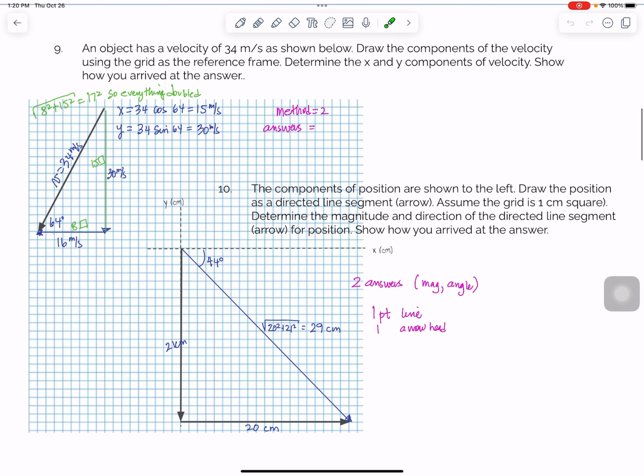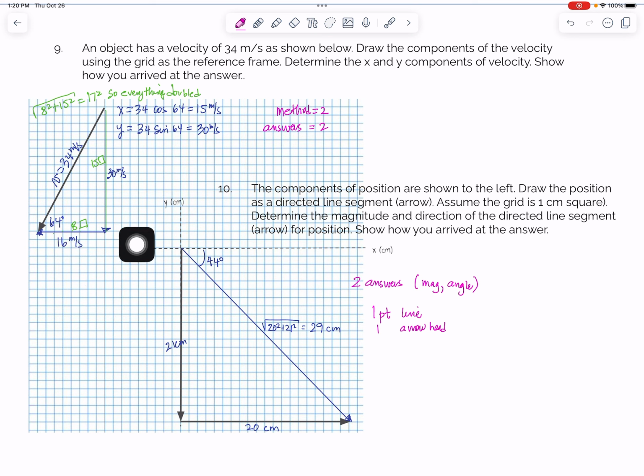All right, number 9. For this one, I know I did not fill in all of the answers or all of the responses. 2 points for the answers, 2 points for the method. The answer that I was looking for was this speed was 30 meters per second, this speed was 16 meters per second.